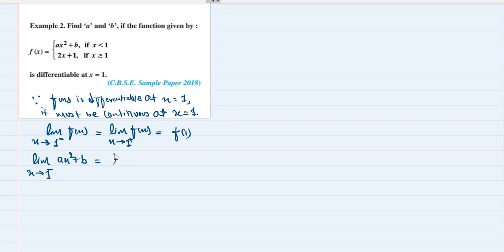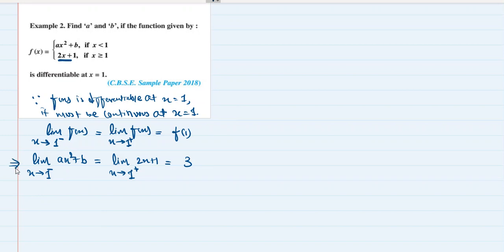So, limit of 2x plus 1 when x approaches 1 from the right side. And when the value of x becomes 1, the value of function becomes, we just have to substitute x in this definition of the function. Why? Because this is the definition of the function when x is greater than or equal to 1. So 2 ones are 2 plus 1 is 3. Okay, great. Now what?